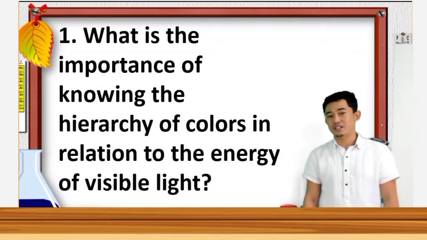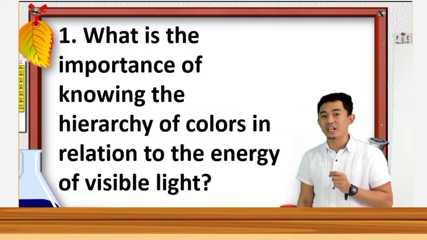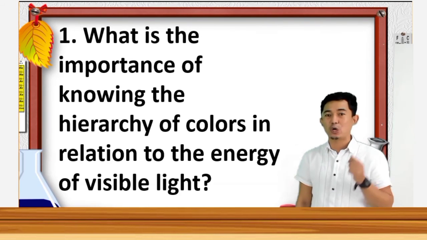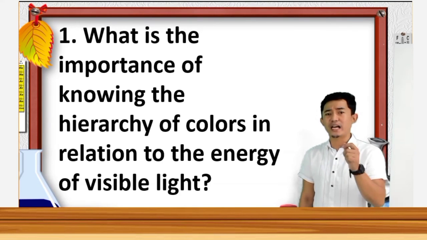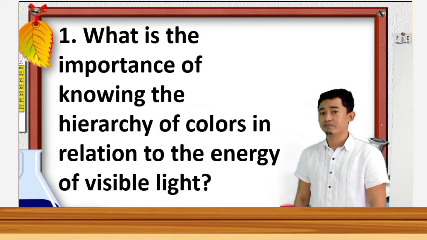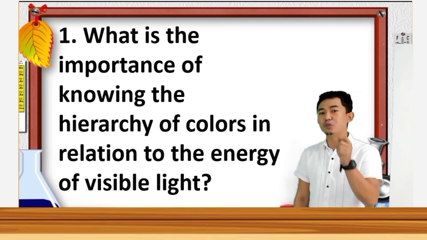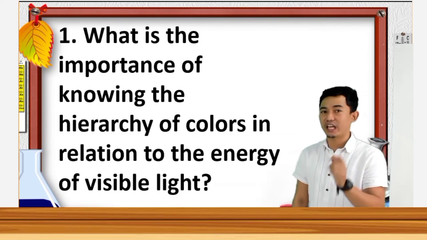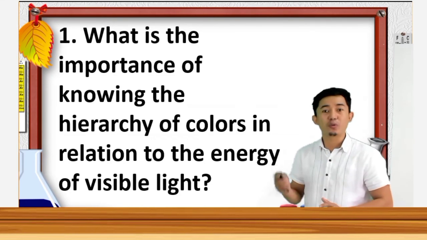Number 1 is this. What is the importance of knowing the hierarchy of colors in relation to the energy of visible light? Is there any importance, class, of knowing the hierarchy of colors in relation to the energy of visible light? Yes, of course. There is a big importance. An example of this is the color red.